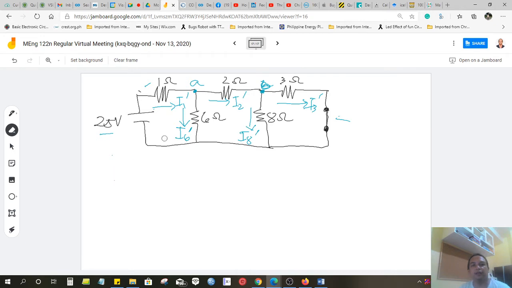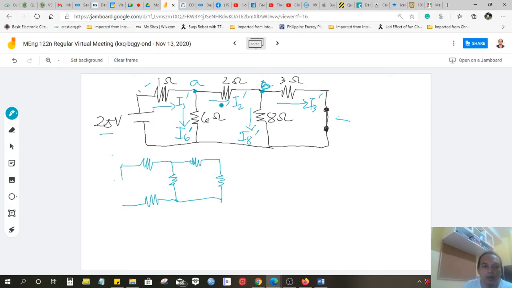Okay, so we have R1, so the RT prime, this is 1 ohm, 2 ohm, 6 ohm.